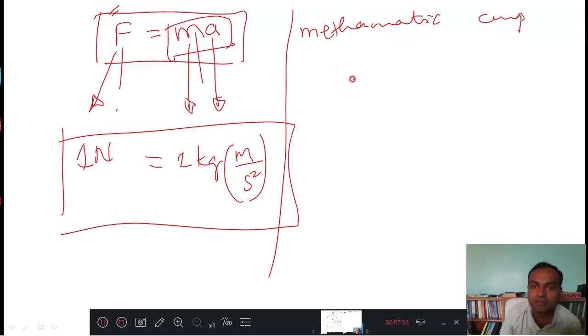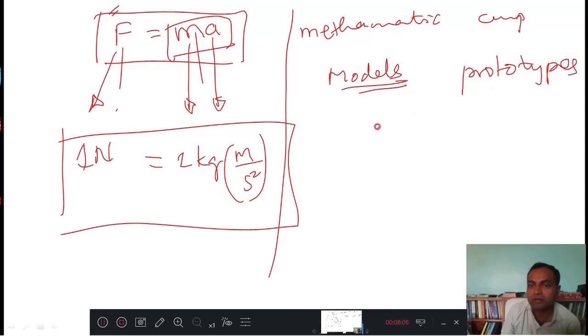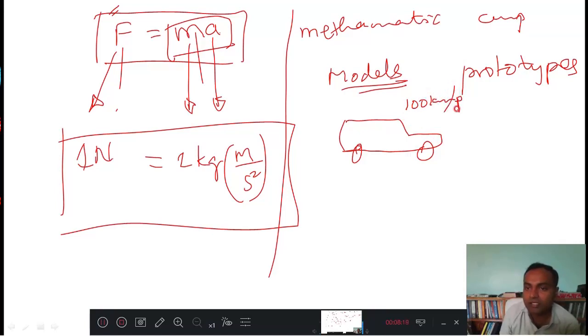Otherwise, sometimes we can make models and prototypes. For example, I have one car, and I would like to know, when it is moving at 100 kmph, how it will resist the wind coming to the front.